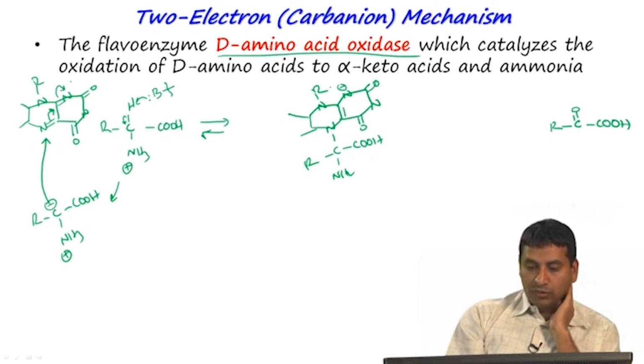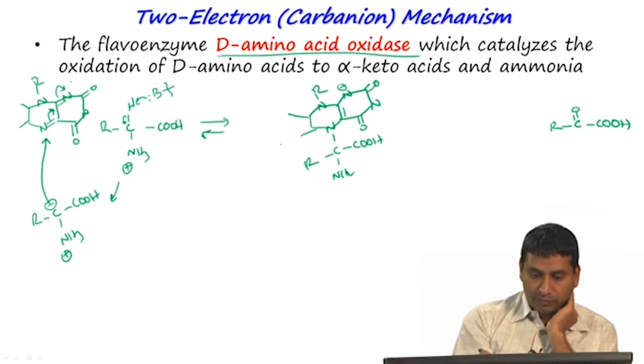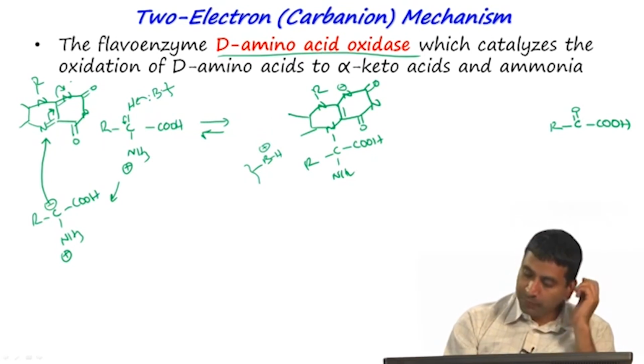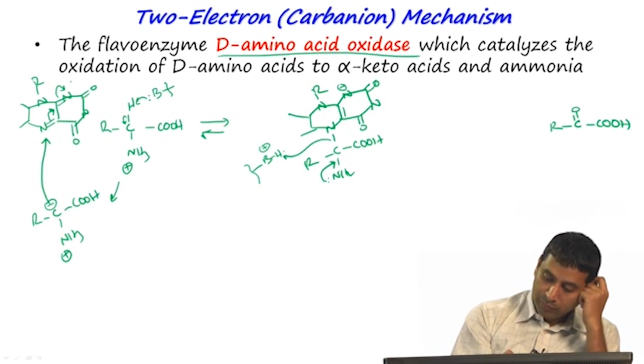Now for this species you would need the base, which is here BH+, which has picked up a proton from here, and this nitrogen would probably push in the electrons over here, and this goes and picks up a proton and regenerates the base.